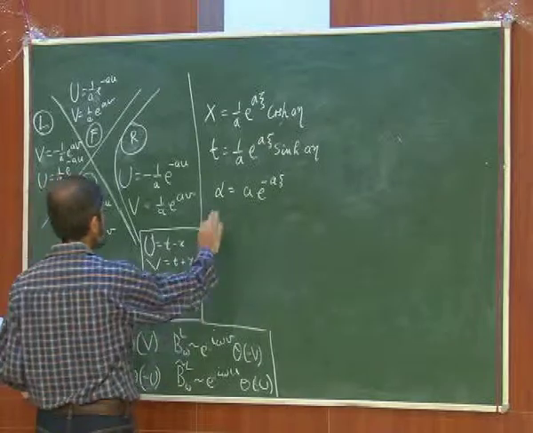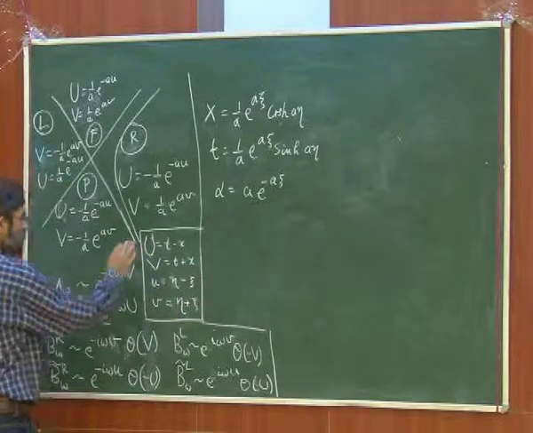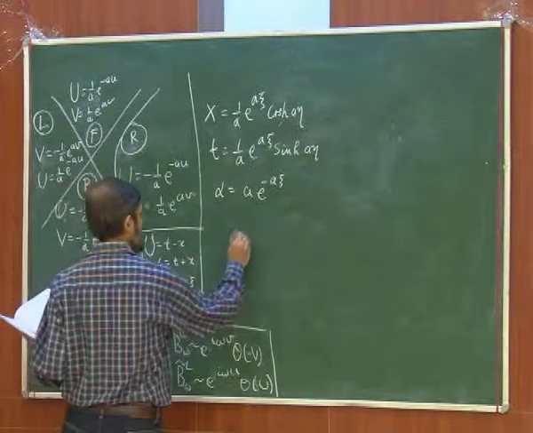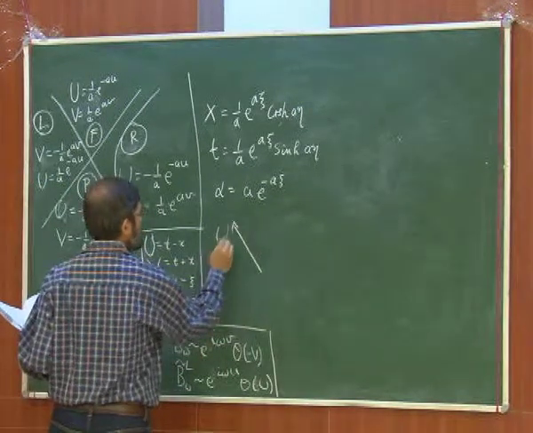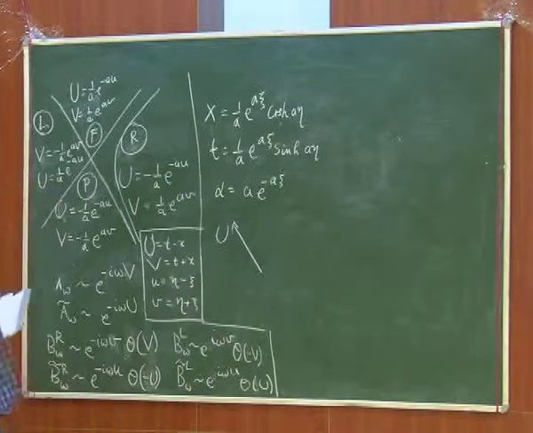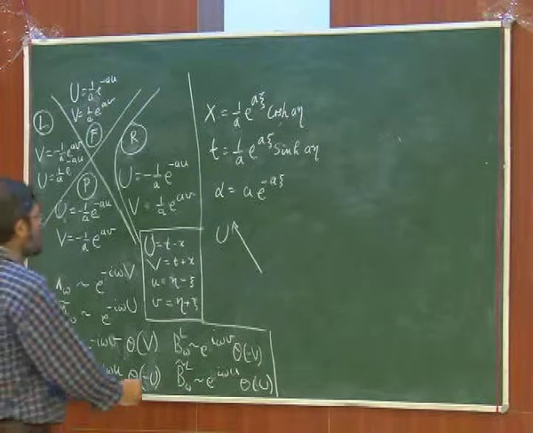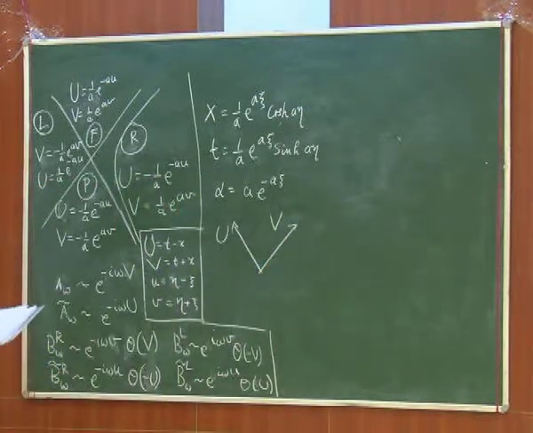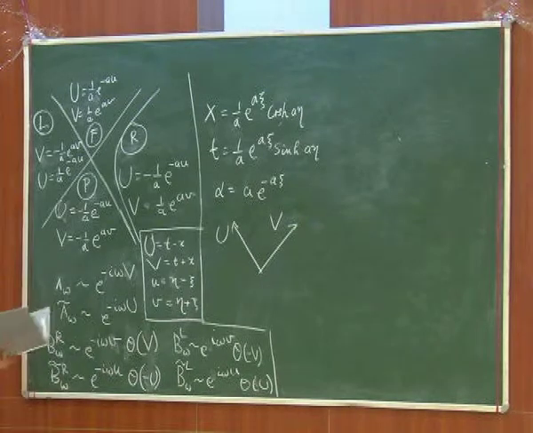So in terms of the light cone variables, which are defined as so, my convention always will be that u will run at 45 degrees. So u will run towards top left and v will run towards top right. And the same thing is true about small u and small v.